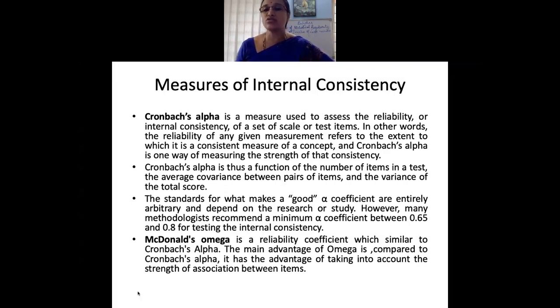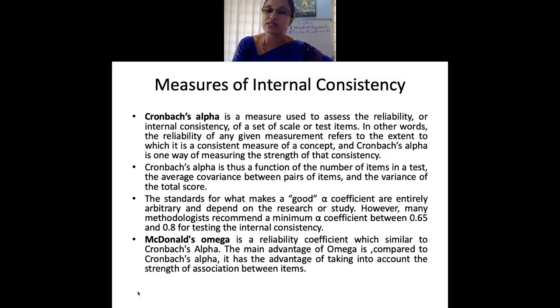If the value is more than 0.7 for each of your variables, then you consider that your research instrument is fine and you can go ahead for collecting the data from the larger population. So please do remember that the Cronbach alpha value should be about 0.7 up to 0.9. Okay, that is considered good, and you can go ahead. Now, you as a researcher, don't worry about calculating Cronbach alpha.